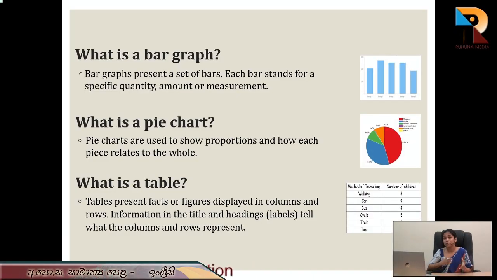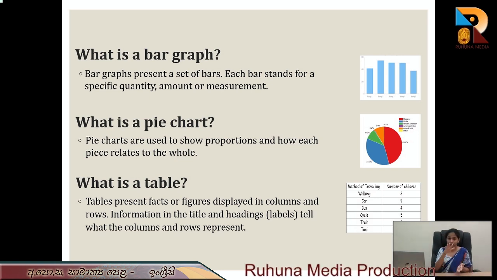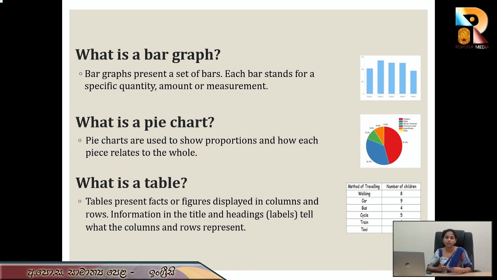And they are also very useful if you want to compare things, right, by showing the differences and similarities. And bar graphs can be displayed either horizontally or vertically. But if you have a look at the past papers, what you have got so far are only vertical bar graphs. So for today, let's only focus on vertical bar graphs.